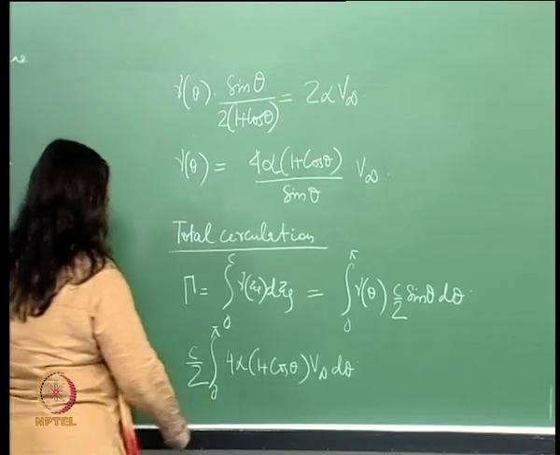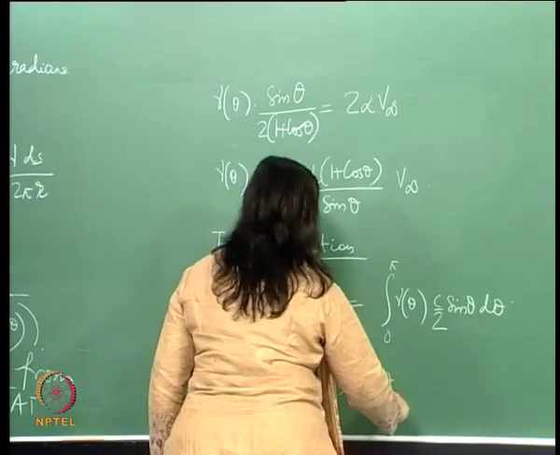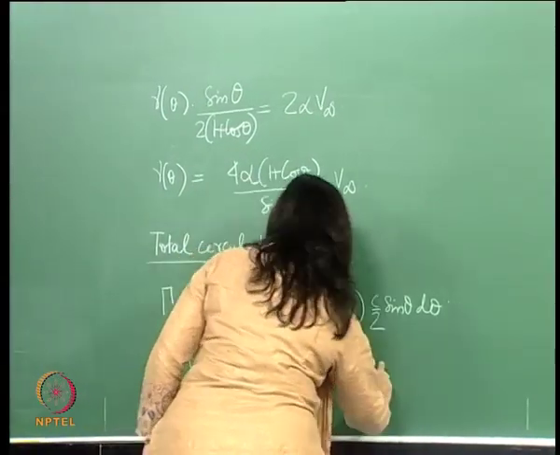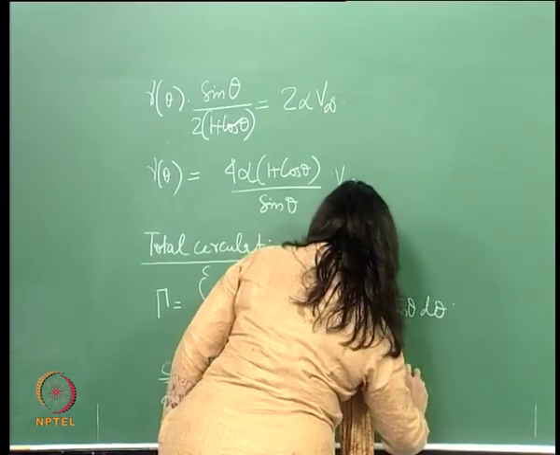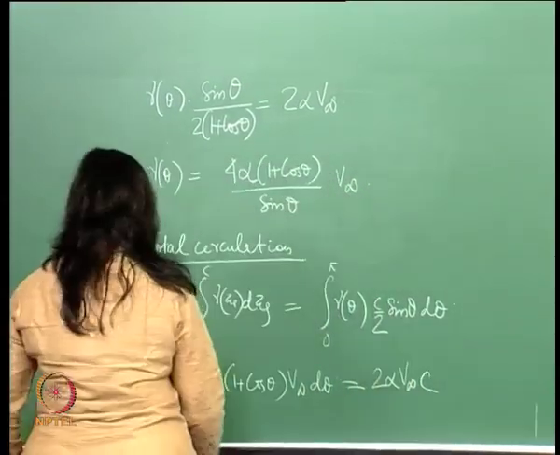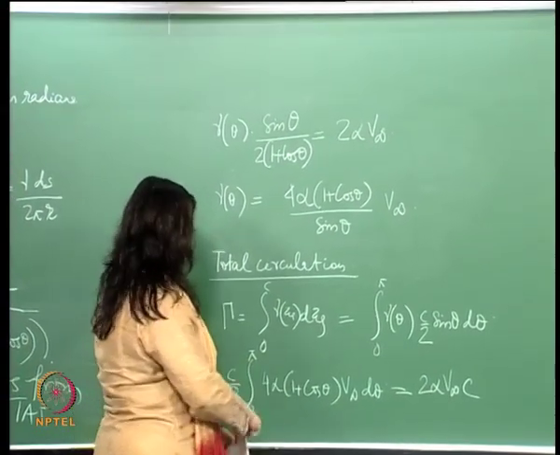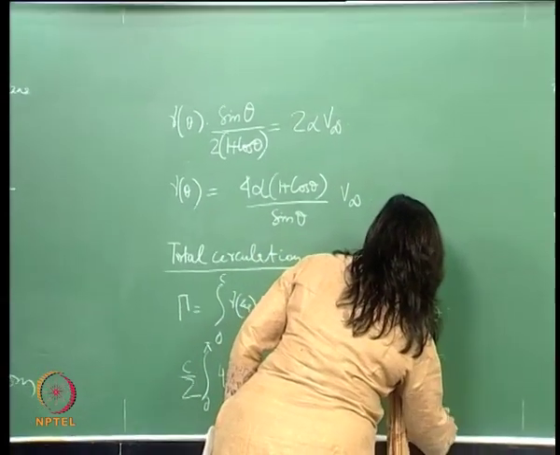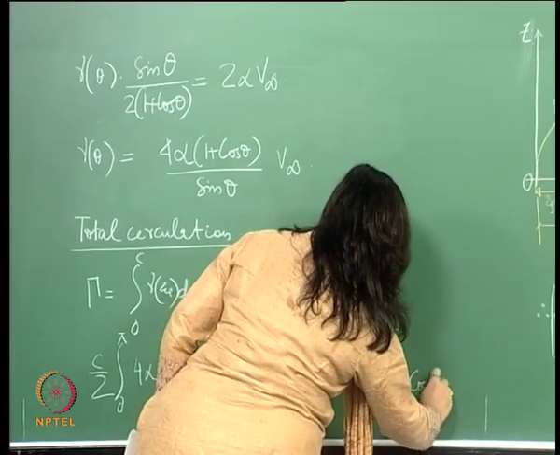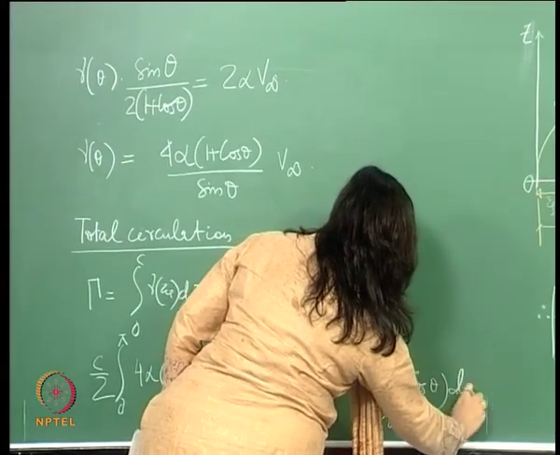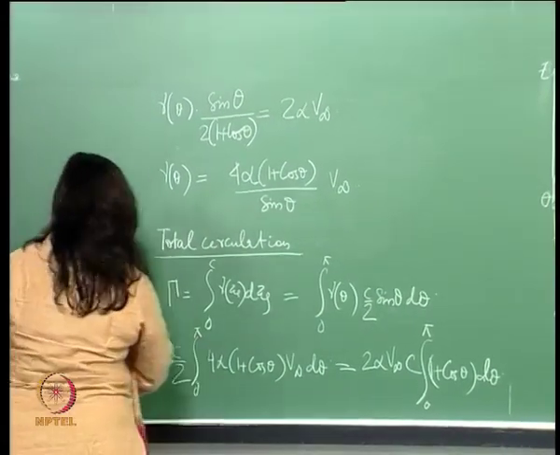Let us take 4 alpha and v infinity out. So, what we get here is 2 alpha v infinity c, integral 0 to pi of (1 plus cos theta) d theta.